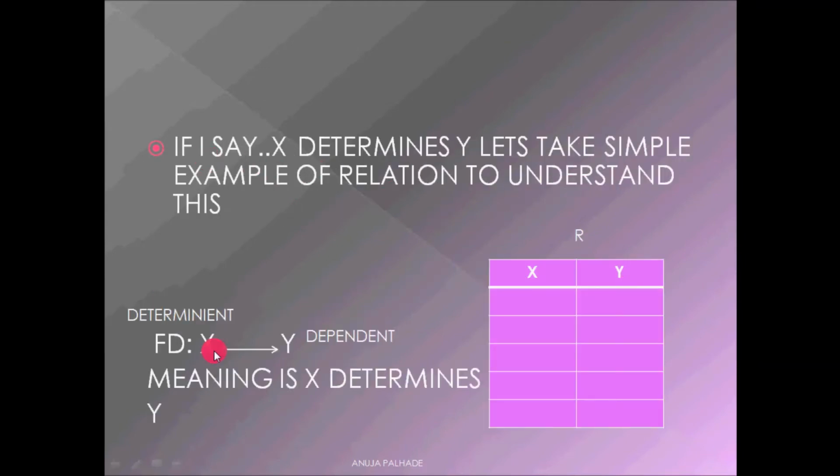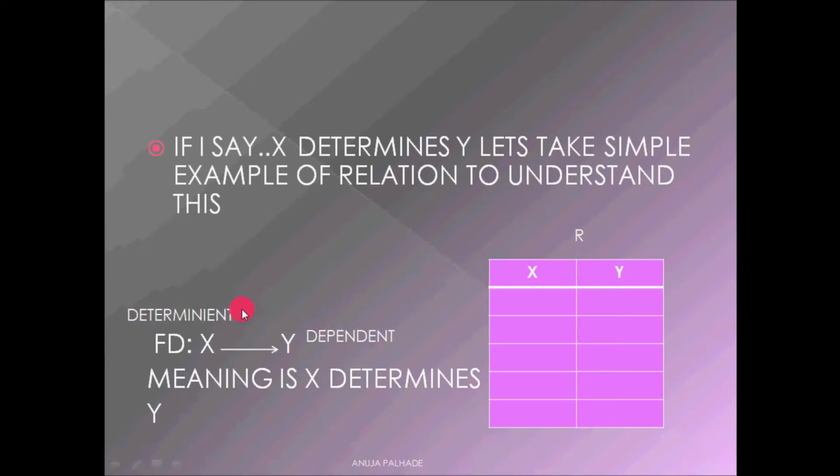Now, we have already seen that x determines y, or y is functionally dependent on x. With this meaning, x is called the determinant, whereas y is called the dependent. These two terms you have to remember: determinant and dependent.